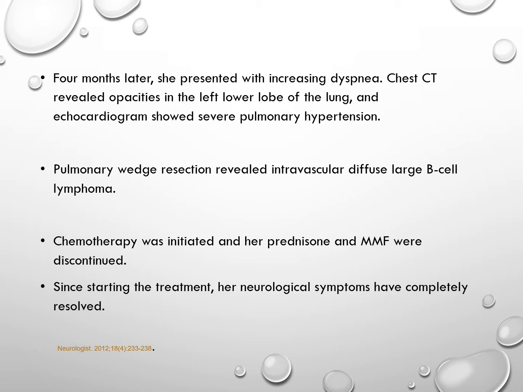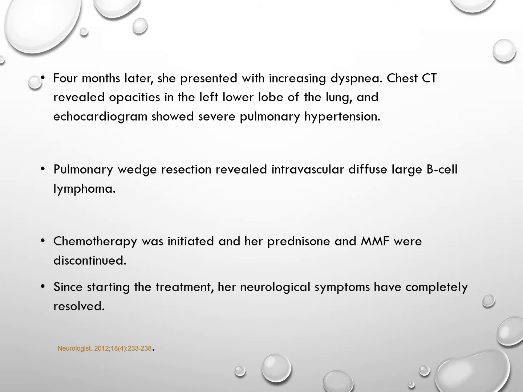Again, altered mental status. Repeated MRI showed bitemporal involvement. Four months later, the patient developed increasing dyspnea, and the chest CT showed left lower lobe opacity of the lung. At that time, the echocardiogram showed severe pulmonary hypertension. Now we have a part of the disease related to our story that is accessible, so the patient underwent wedge resection to reveal the underlying etiology for her complications.